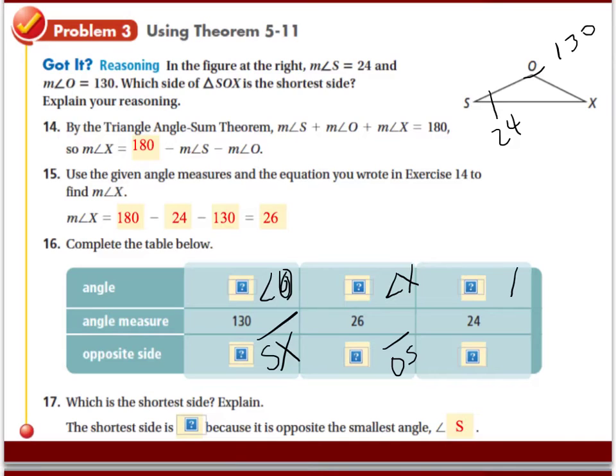And finally, angle S is 24 and its opposite side is OX. So obviously the shortest side is the one opposite 24, which is segment OX. It's opposite the smallest angle, which is S. Alright, so let's continue on to the next slide.